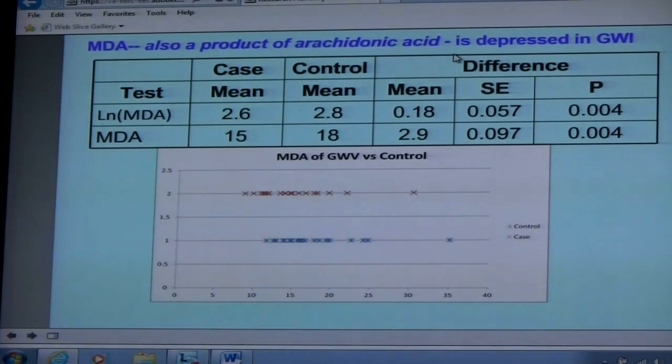And on the right, again, we have the mean difference, standard error, and the p-value. And below, we have the graph that shows that the case values are shifted lower. They're the red X's on the top compared to the control values, which are the blue X's on the bottom. Next slide.